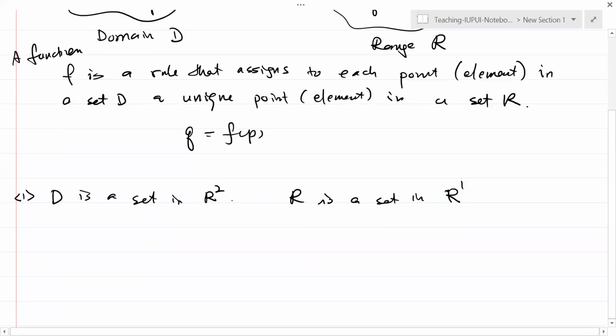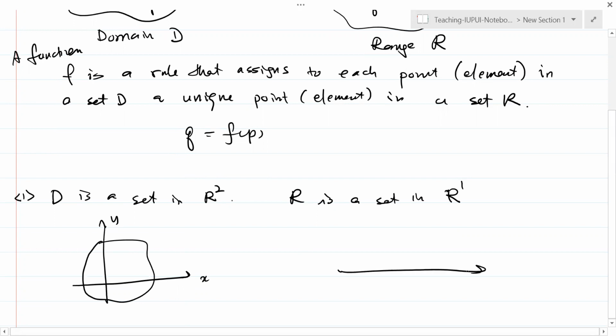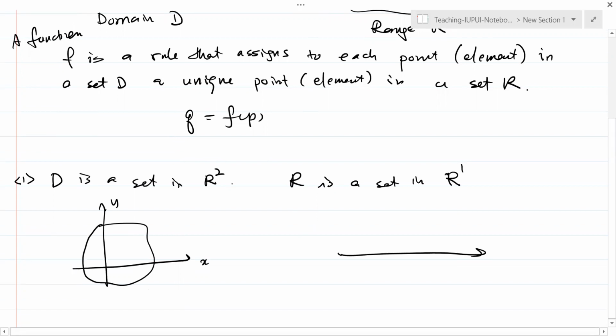So you have a set here, and here it is just a one-dimensional coordinate line. Every point P here has two coordinates, the x coordinate and the y coordinate. This is sent by F to the image.